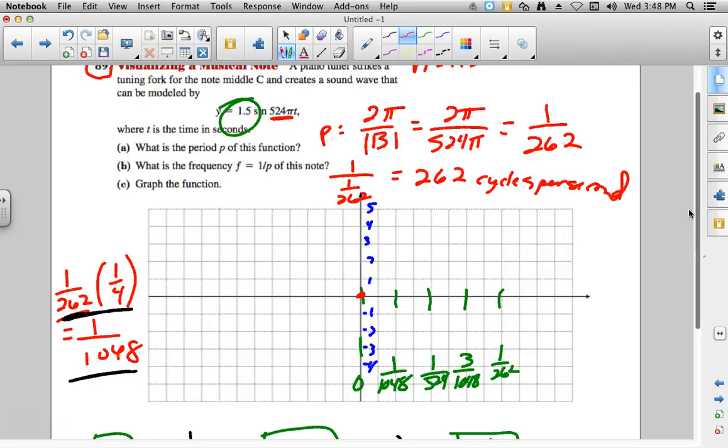So it goes axis, then high, up to 1.5 there, then axis, then low, down to negative 1.5, and axis. And there it is. There's our lovely graph that we would need for part C. That is it.